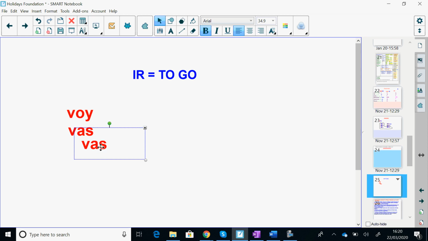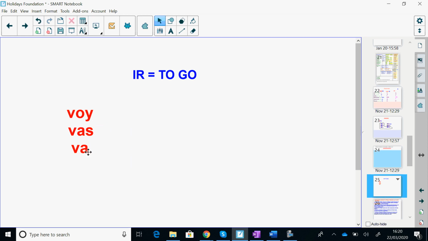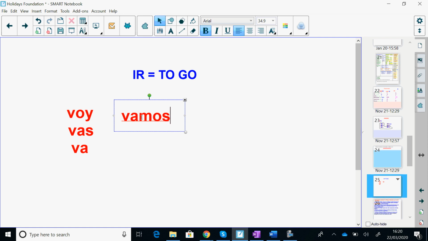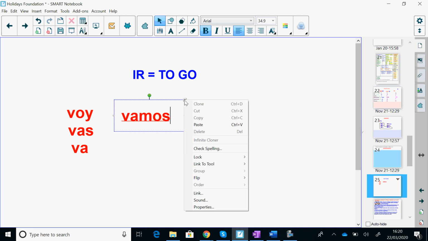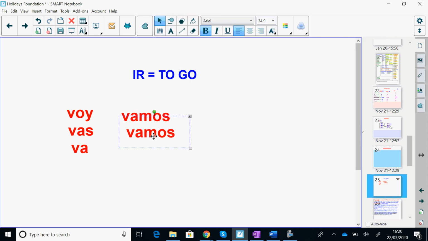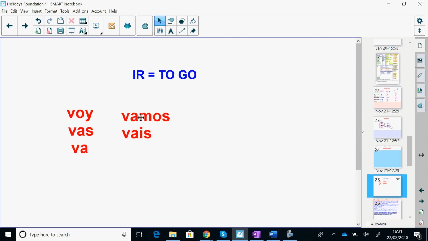That's it, va. What about we go? Okay, I'm going to clone it. We go. It's going to be vamos. What about you plural? We don't use this one, but it could come up sometimes. You plural would be, you guessed it, vais.